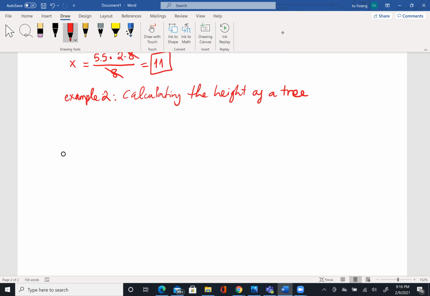But sometimes the tree is too high. You cannot climb the tree and then use a measure to measure how high it is. That's not a good idea to do, right? So this is where proportion will help you handle that.